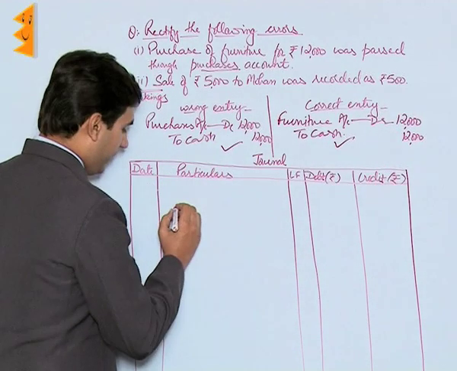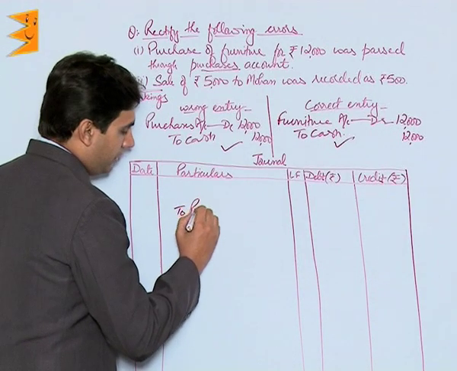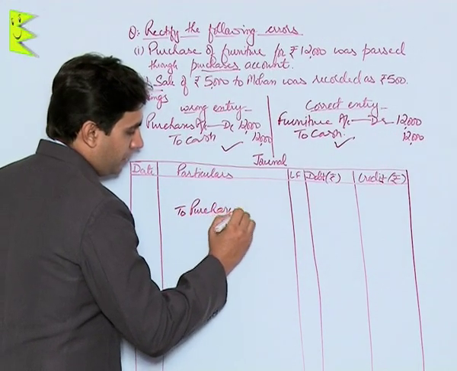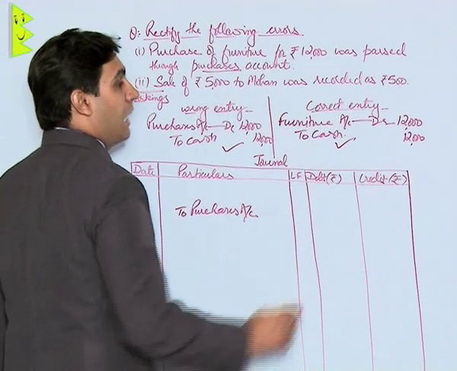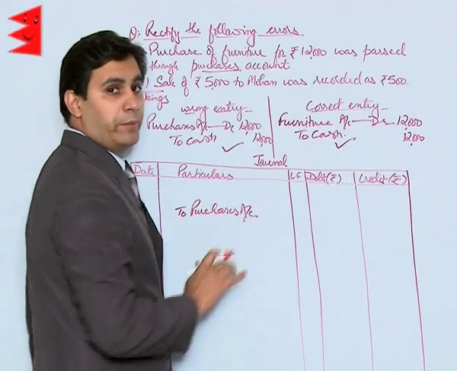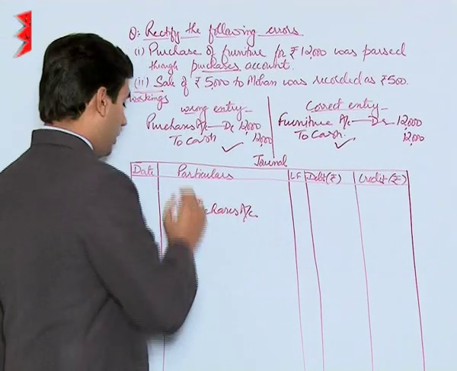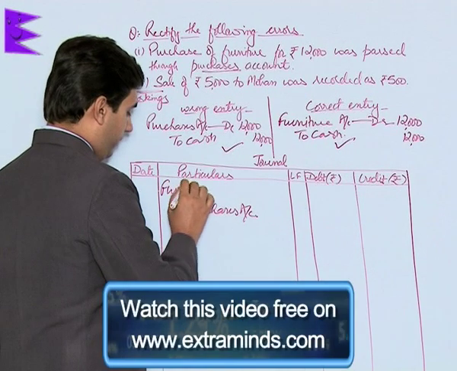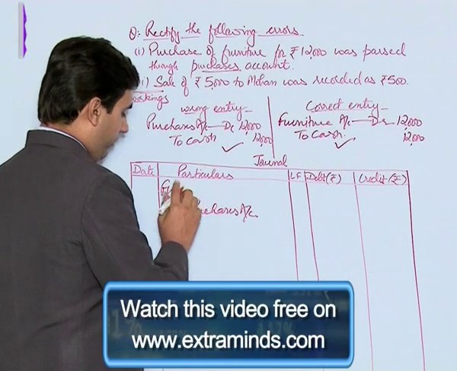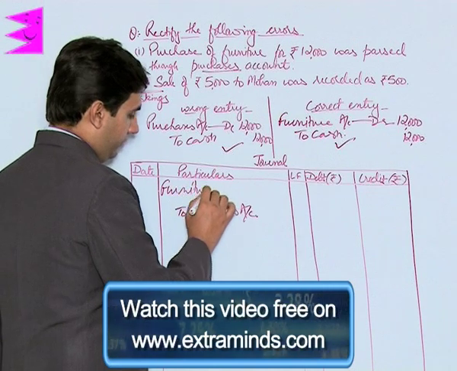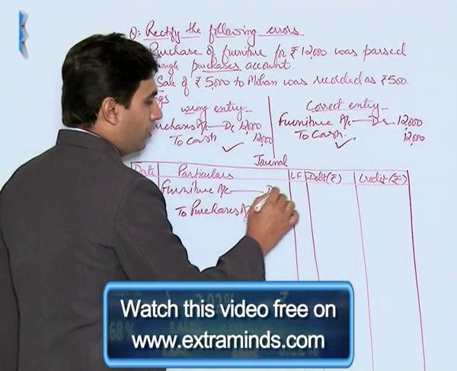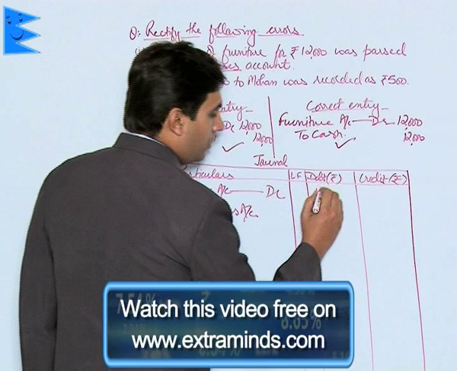So to cancel this effect, purchases should now be credited to purchases account, and furniture account, which should have been debited but was ignored, would now be debited. So entry would be furniture account debited to purchases account 12,000.